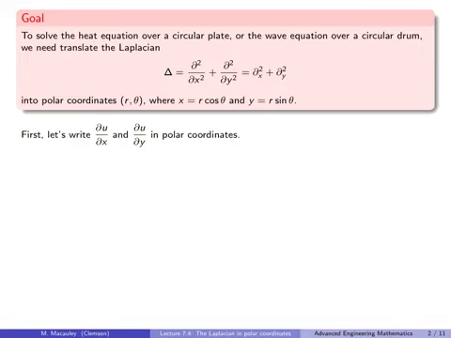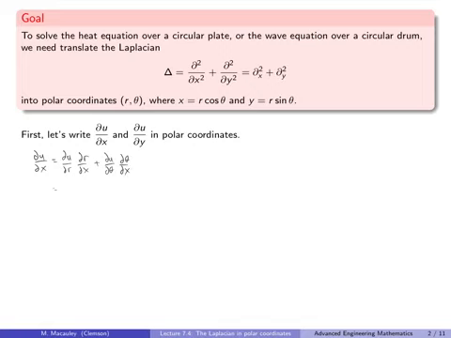First, let's write du dx and du dy in polar coordinates. We'll do that using the chain rule. This is a review from vector calculus. I know you're probably a bit rusty in this, but that's okay. So du dx by the chain rule is du dr times dr dx plus du d theta times d theta dx.